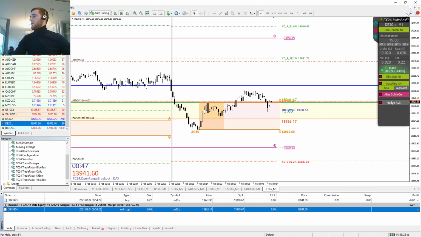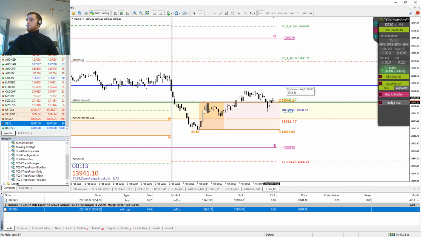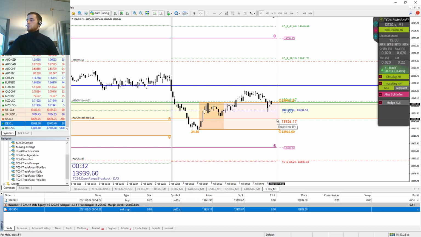As you can see here, my risk percentage and my target profit percentage are both the same. So this means that my take profit will always be the same distance away from my box as the box itself. So if I've got 15 points in my box, that means that the take profit is also 15 points away.